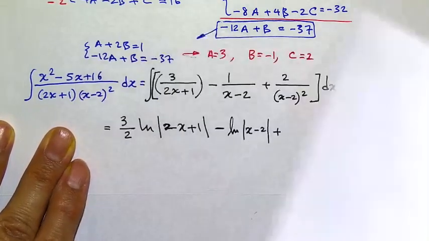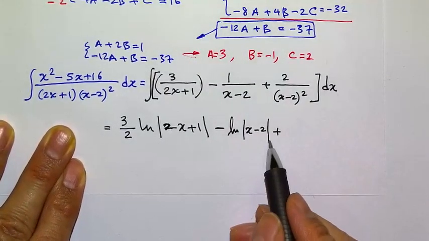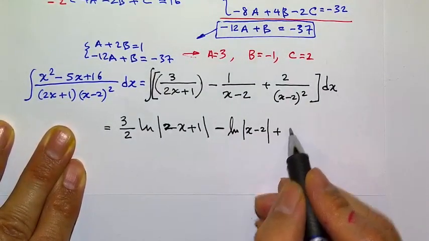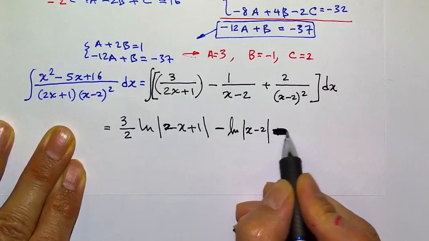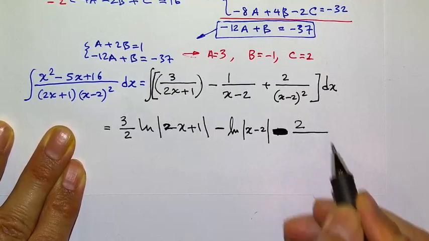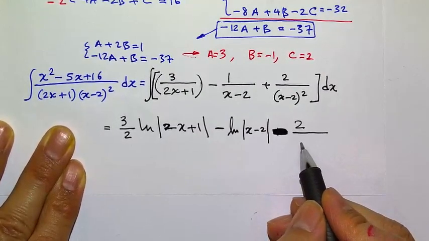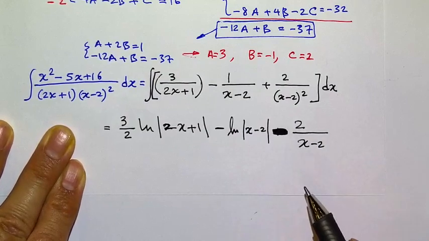Okay, so we have, so this should be minus, let me put a minus there, minus 2 over x minus 2. So that was not a plus, it was a minus.